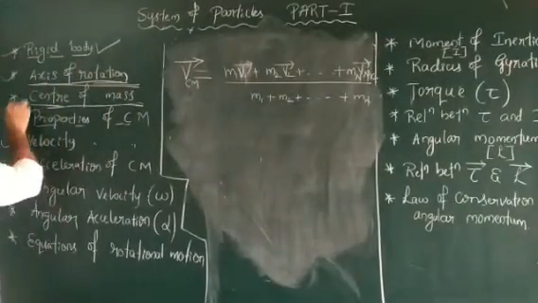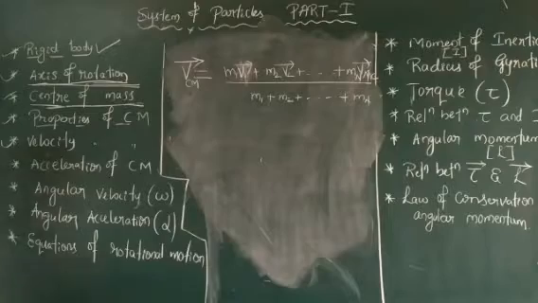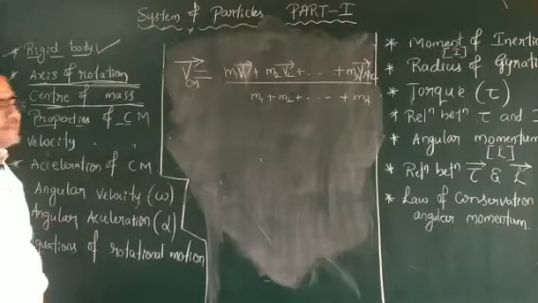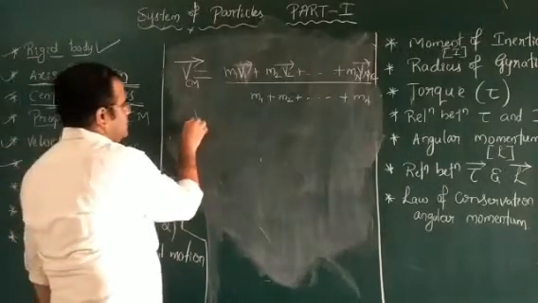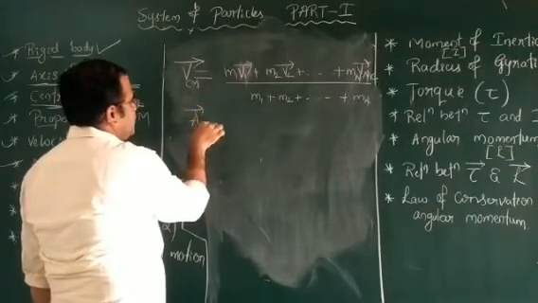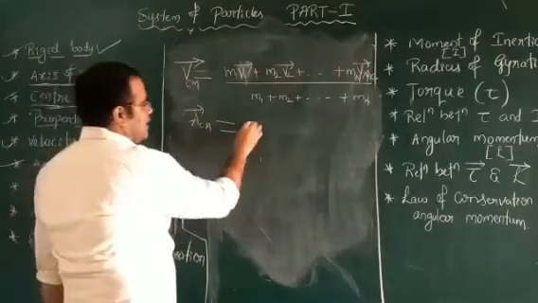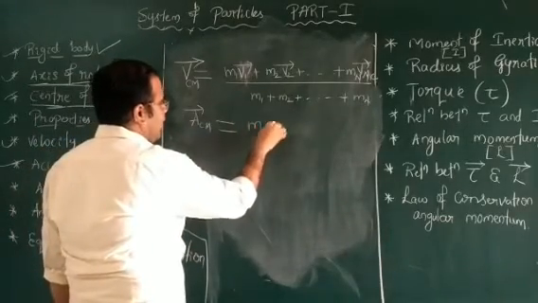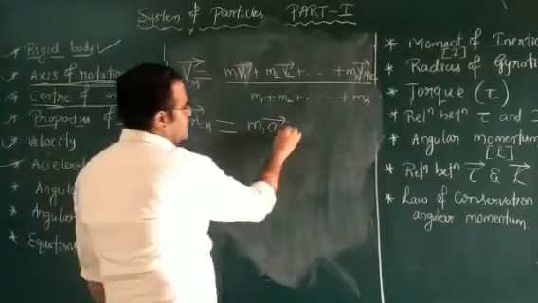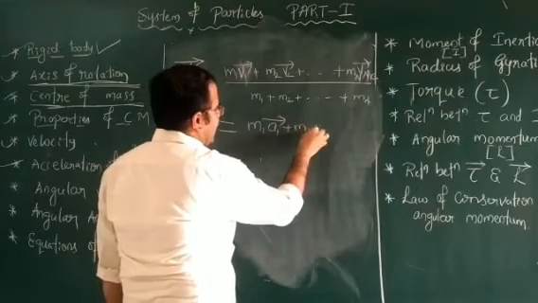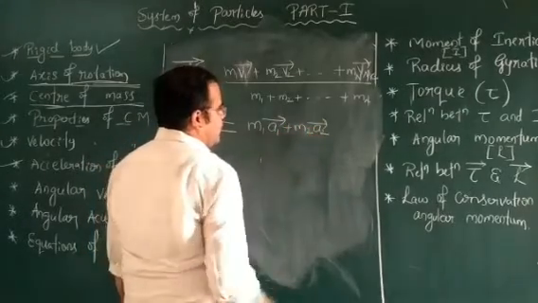Next, after getting the velocity of the center of mass, we are going to observe the acceleration of the center of mass. For the acceleration of the center of mass, we can write: the first particle has an acceleration given by vector a1 and the second particle has an acceleration given by vector a2.